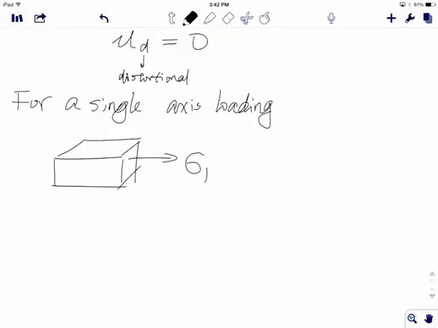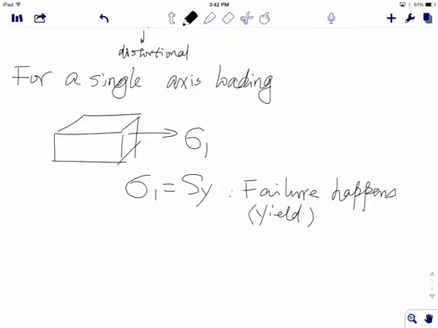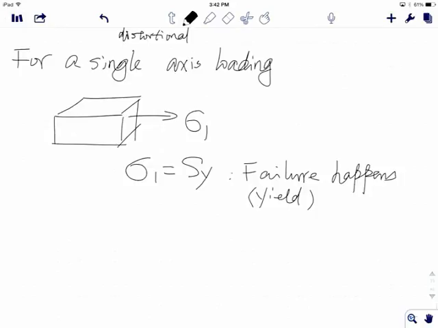Now when tensile loading happens, it's only when tensile loading is equal to yield strength that we say failure happens, because this is the definition of yield, right? It's only when the one-dimensional loading is high enough, past its yield strength, that we say failure starts to happen, right?